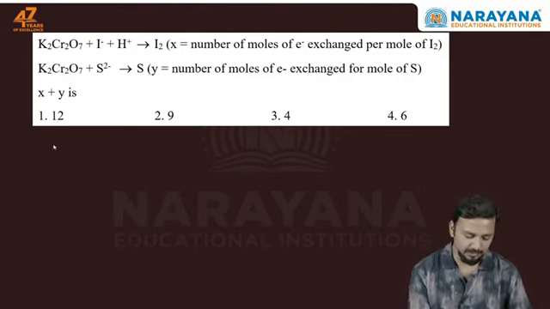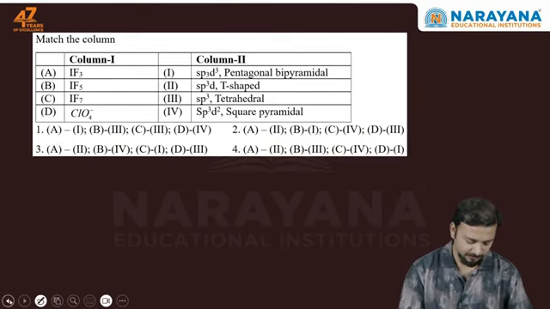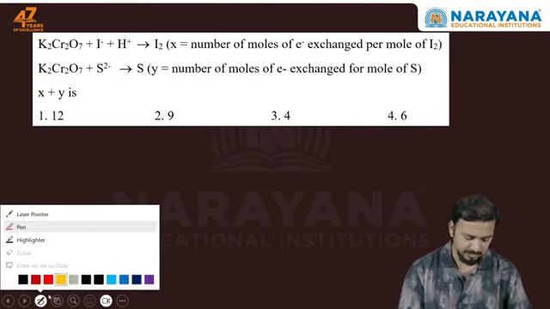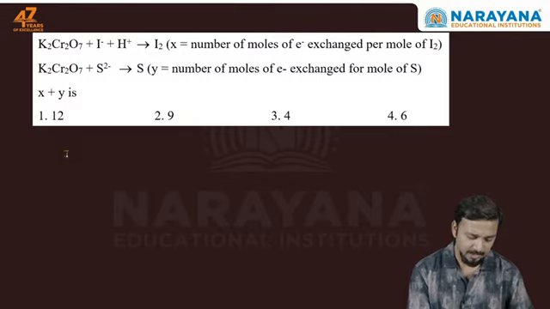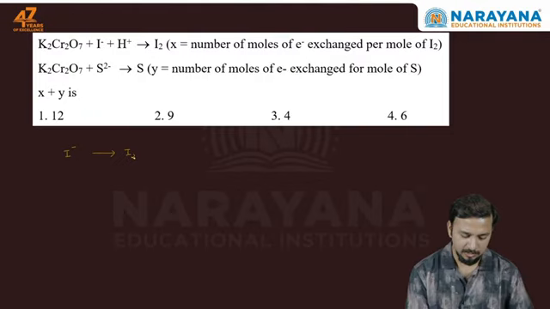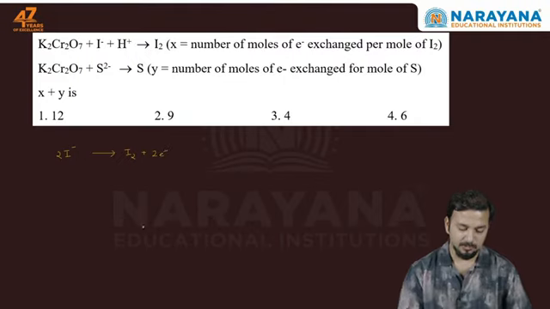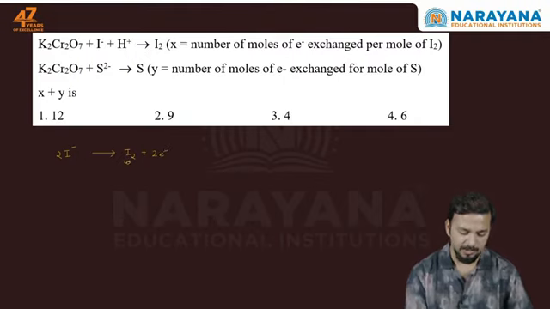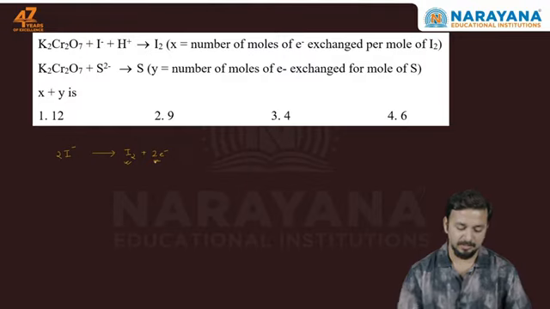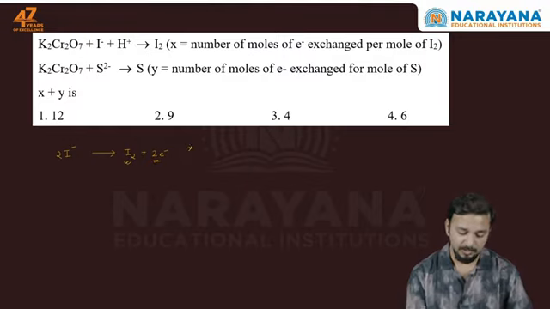For the first reaction, I- is getting converted to I2. If you balance this reaction, we get 2I- giving I2 plus 2 electrons. So for 1 mole of iodine, 2 moles of electrons are exchanged, which means X will be equal to 2.